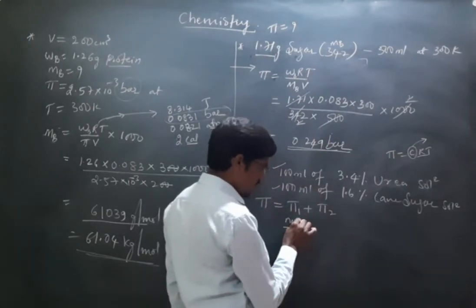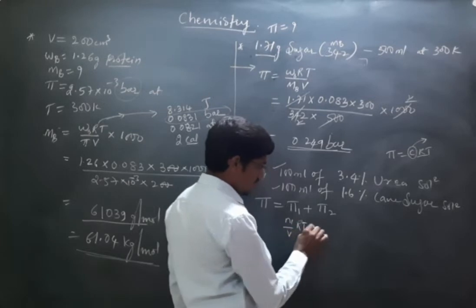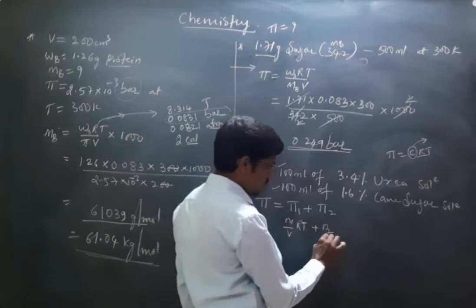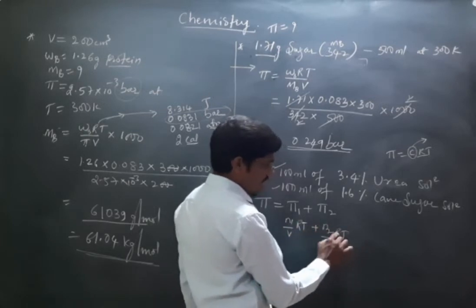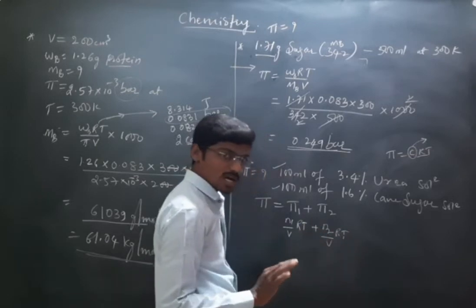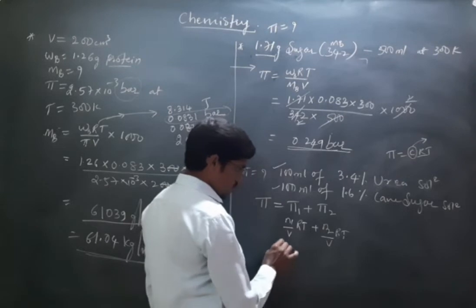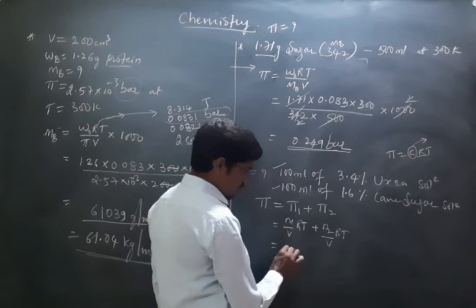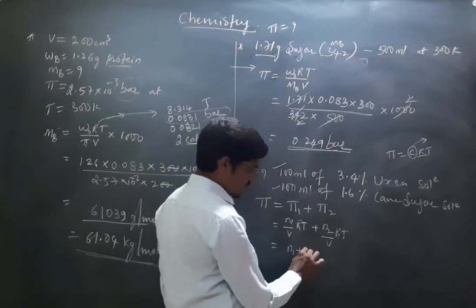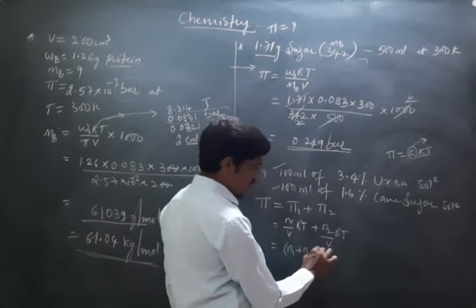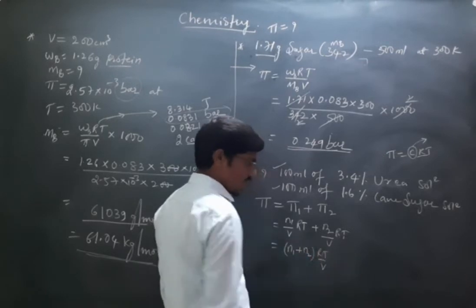N1 by V into RT plus N2 by V into RT. RT and V are common. We just need to know the N1 and N2 values. So N1 plus N2 into RT by V.